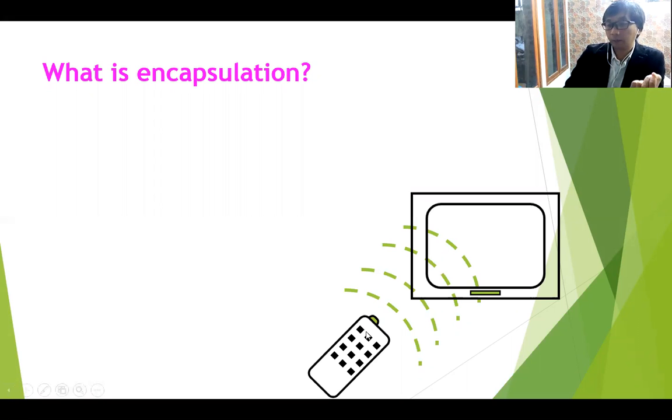But the remote will never know what is happening on the television side. When the remote tells the TV to turn on, the TV will directly turn on, but the remote will never know what is happening on the television side. That's the concept that object-oriented programming offers.